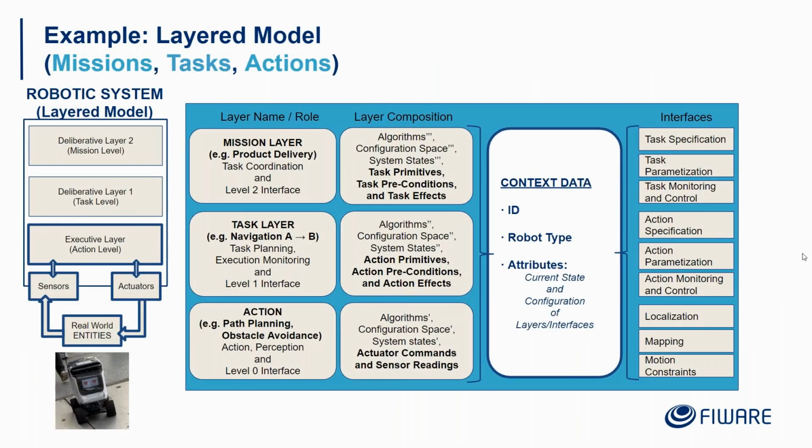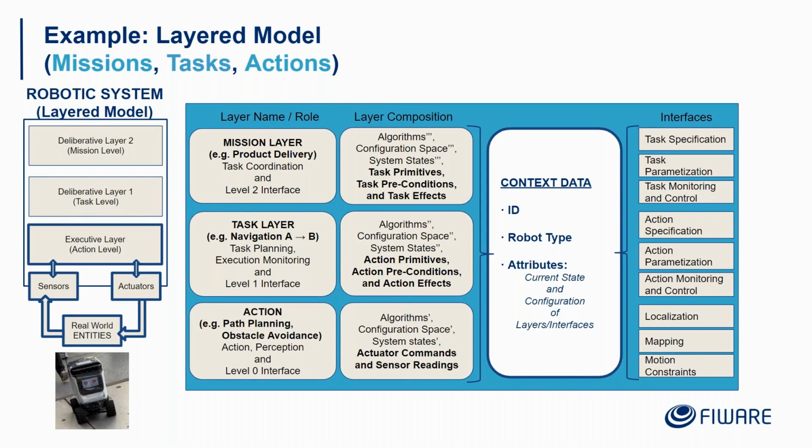Here I connect this view with our example of the food delivery robot, and we can enter into what type of context data model can allow us to connect our robot with the context data ecosystem.